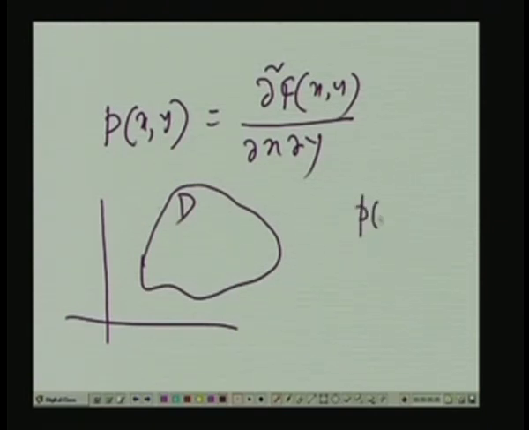We will show that it will be nothing but this integral over this zone. I put a double integral because dx dy over this zone. And what is p x comma y dx dy? Okay, let us see what it is.